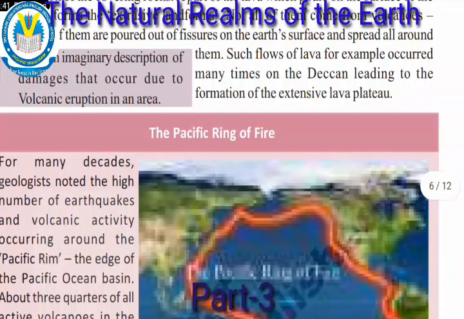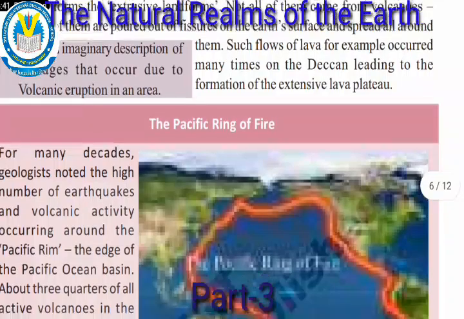And then the other one is the magma which is inside and tries to come out from different entries wherever it finds the rock is weak. So it tries to push out and makes a way out.